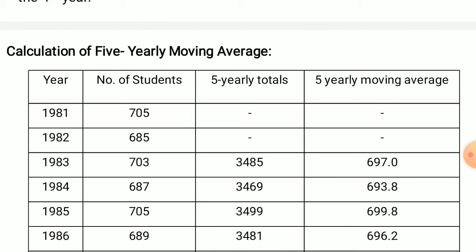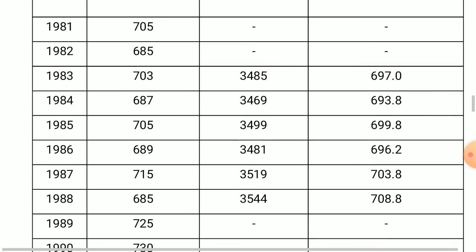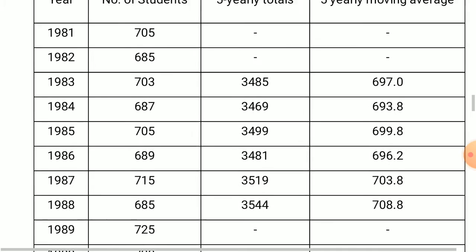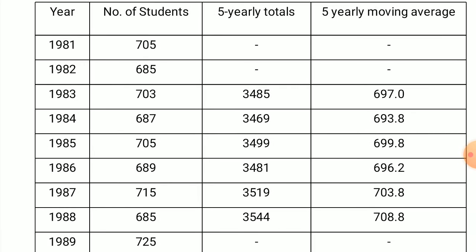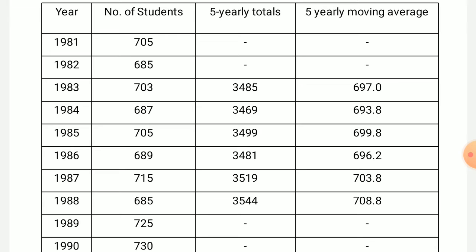So in the first column, we have written different years from 1981 to 1990. The number of students is in the second column.